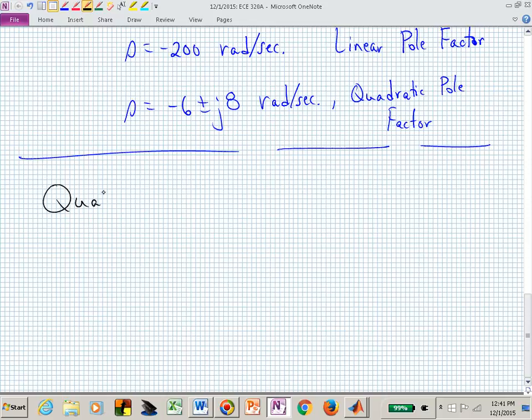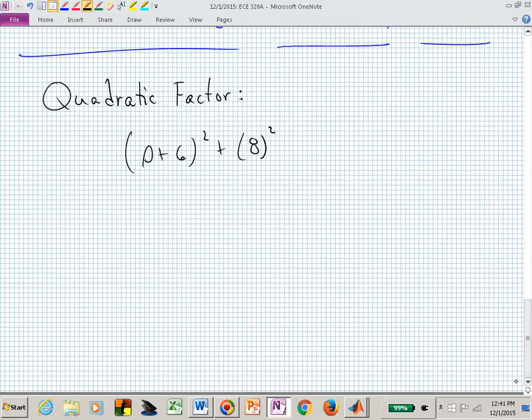In doing that, it's nice to write these quadratic factors, and this could be either in the numerator or denominator. We can factor it the same. But here we have s plus 6 squared plus 8 squared, and that's factored directly to identify the imaginary part and the real part. But if we multiply that out, we have s squared plus 2 times 6, or 12s, plus 6 squared plus 8 squared.